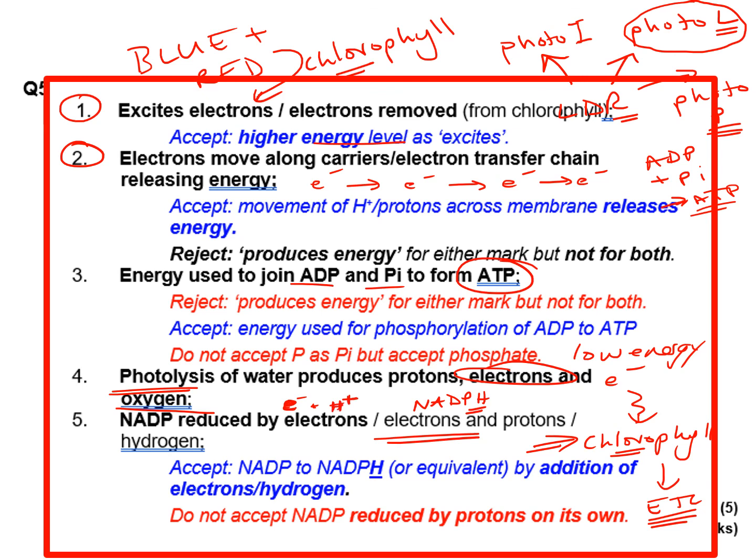And that NADPH is really important because it supplies the hydrogen in the Calvin cycle, which is needed for the reduction of glycerate phosphate to triose phosphate. Okay, so GP in the stroma would be reduced to triose phosphate using the hydrogen supplied by the reduced NADP. And that was the last question.